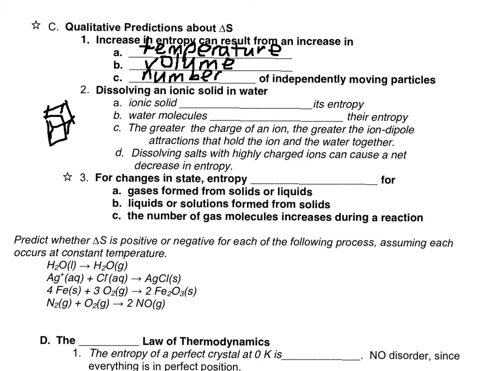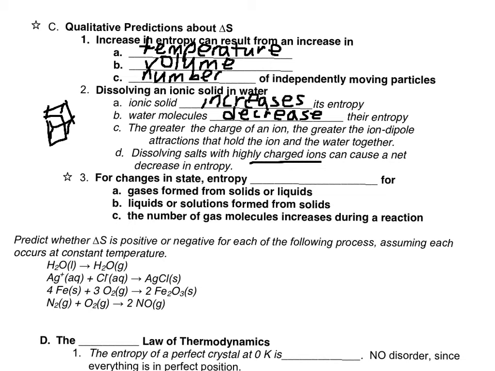Now, something that's really interesting, though, is once those little ions get into the water, they attract the water molecules to them, and so the water molecule's entropy actually decreases. And if those attractions get large enough, usually with pretty highly charged ions, then the overall net change in entropy will actually be a decrease in entropy, even though you're dissolving the solid into the water, which doesn't happen very often, but it can happen.